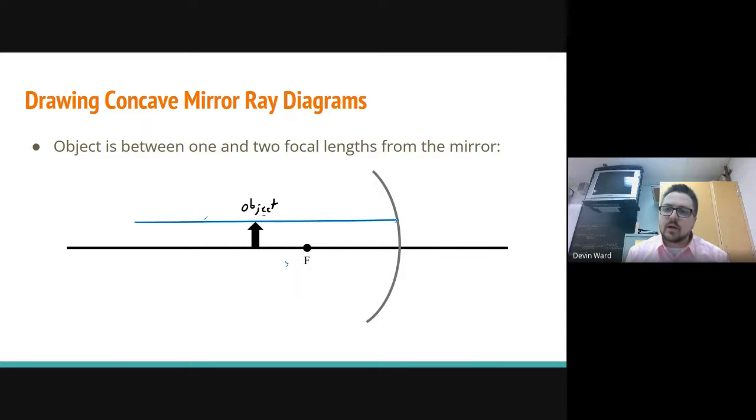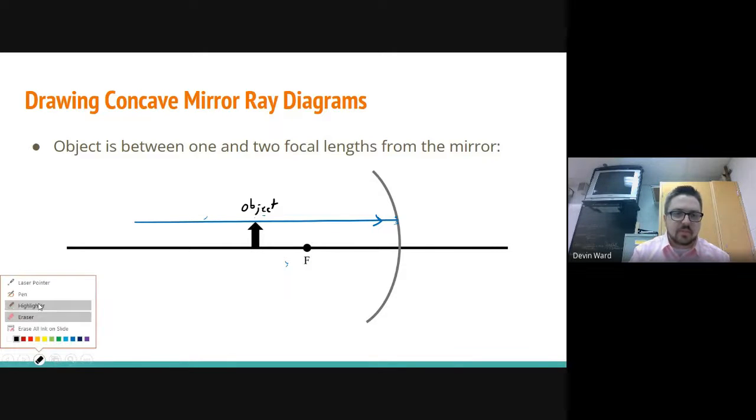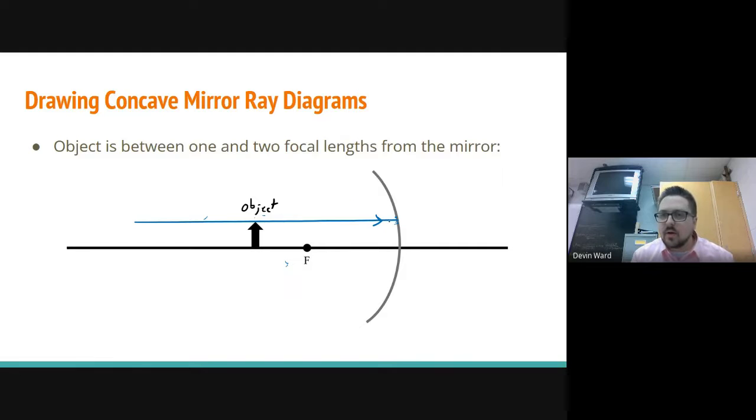Okay, bounces off the mirror and goes through the focal point. Oh, I missed. Okay, we'll do it freehand. Bounces off the mirror and goes through the focal point and then keeps going on forever. Actually, isn't too bad for freehand.